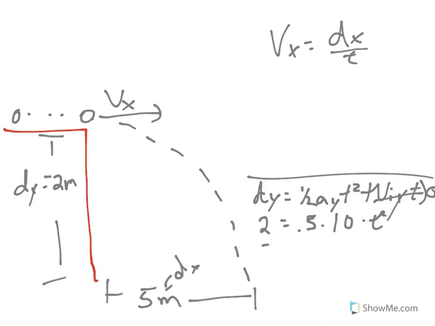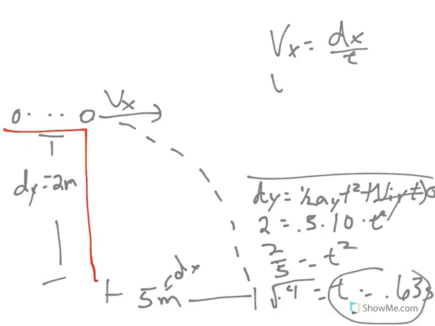So 2 divided by 5 equals t squared. Alright, which means that the square root of 0.4 equals t. And the square root of 0.4 is 0.63. 0.63 seconds. Okay, so this is our time.